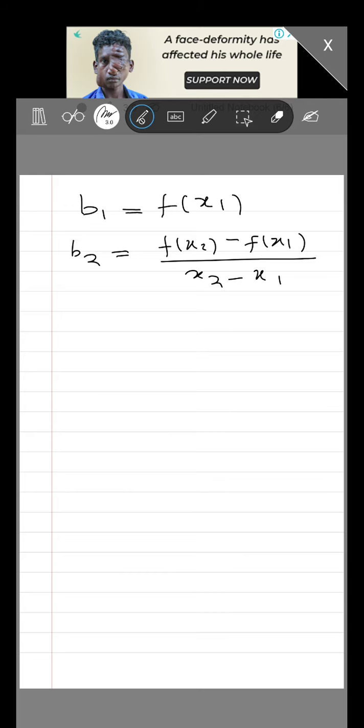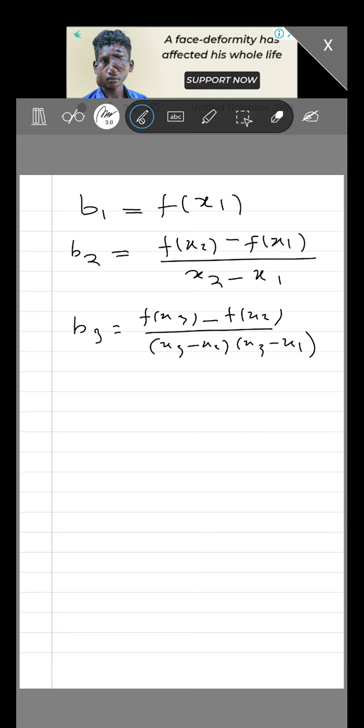The only difference is the value of b3, which is equal to f(x3) minus f(x2) divided by (x3 minus x2) into (x3 minus x1), minus f(x2) minus f(x1) divided by (x2 minus x1) into (x3 minus x1).